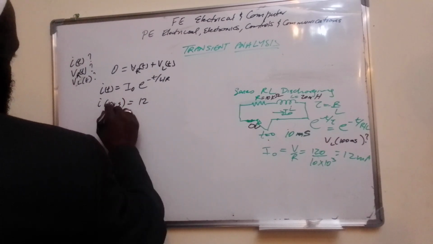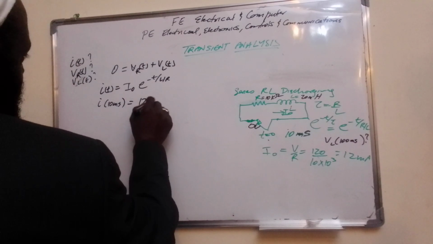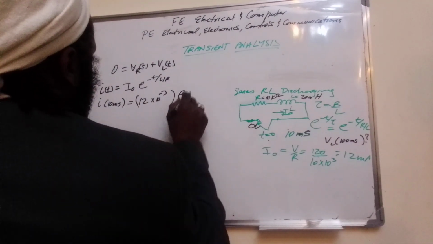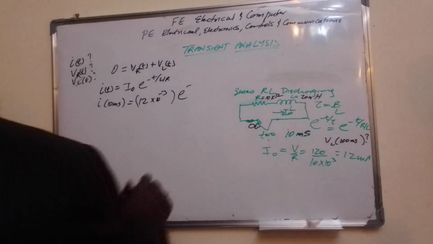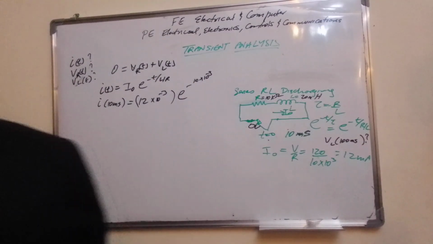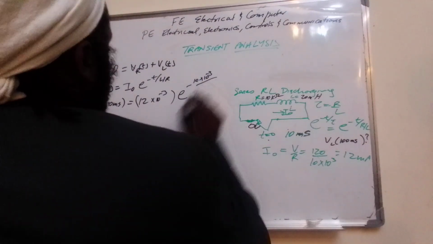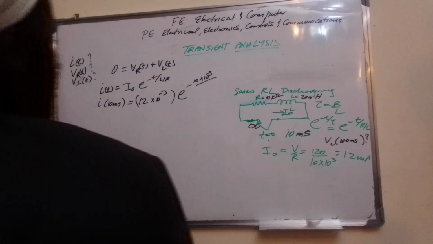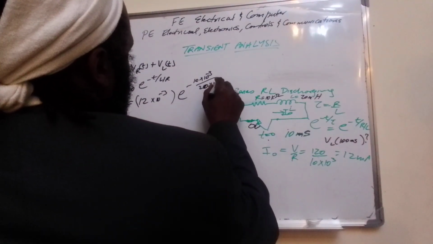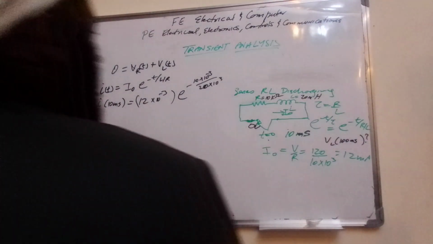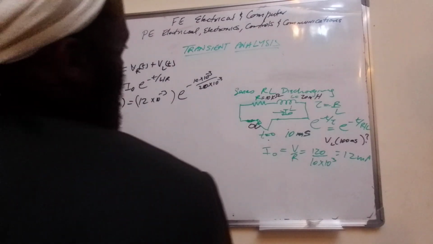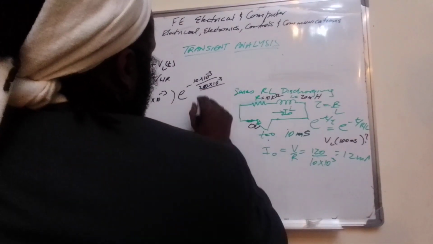It's going to be I sub naught, which is this 12 times 10 to the minus 3 amps, times e to the minus t. What's t? t is 10 times 10 to the minus 3, which is 10 milliseconds, divided by L. What is L? L is the inductor, which is 20 times 10 to the minus 3 henries, my apologies there.